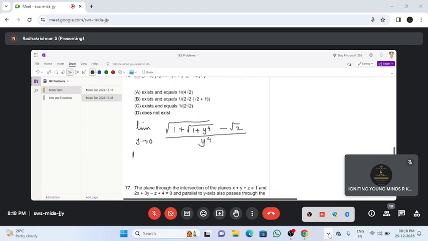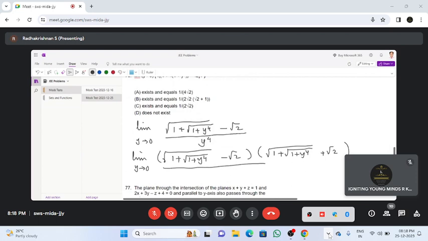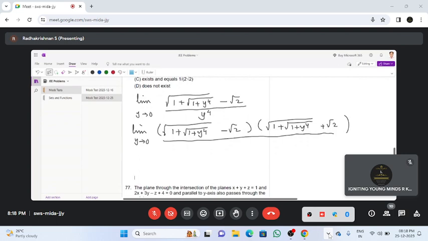Now how I did it: I multiply by its conjugate. In a couple of steps, it becomes simple, and you can substitute and get the value.